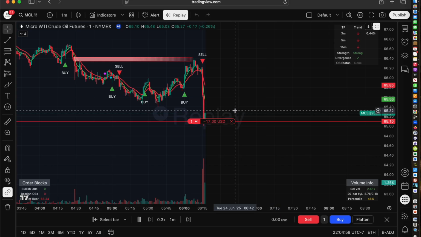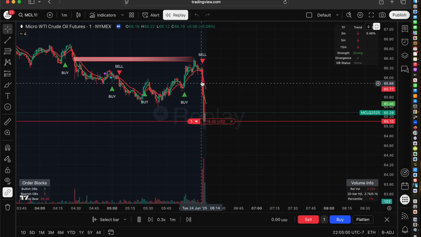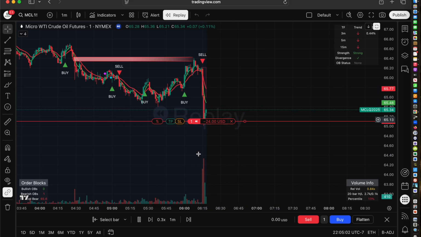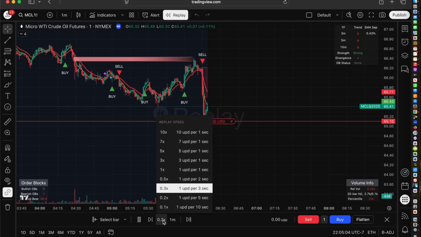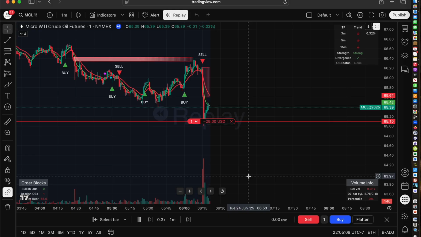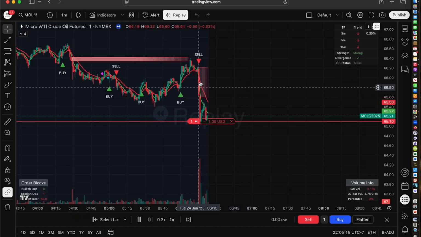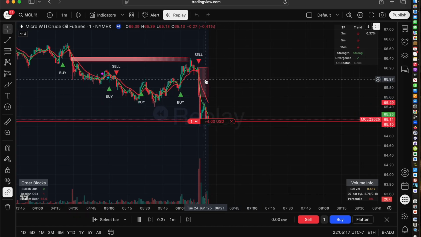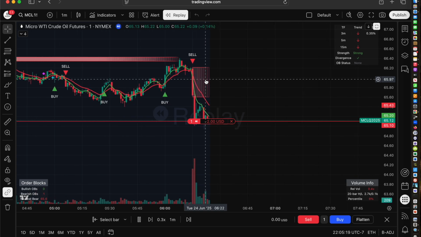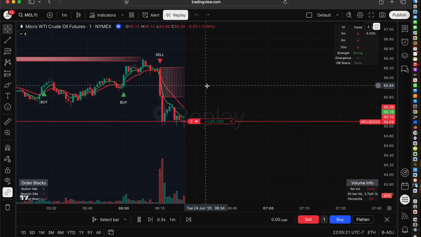Actually, I missed that. I should have entered as soon as, because I'm using this 0.3x speed, my reaction time was a little slow. See how it identified that large bar there as the new resistance area.